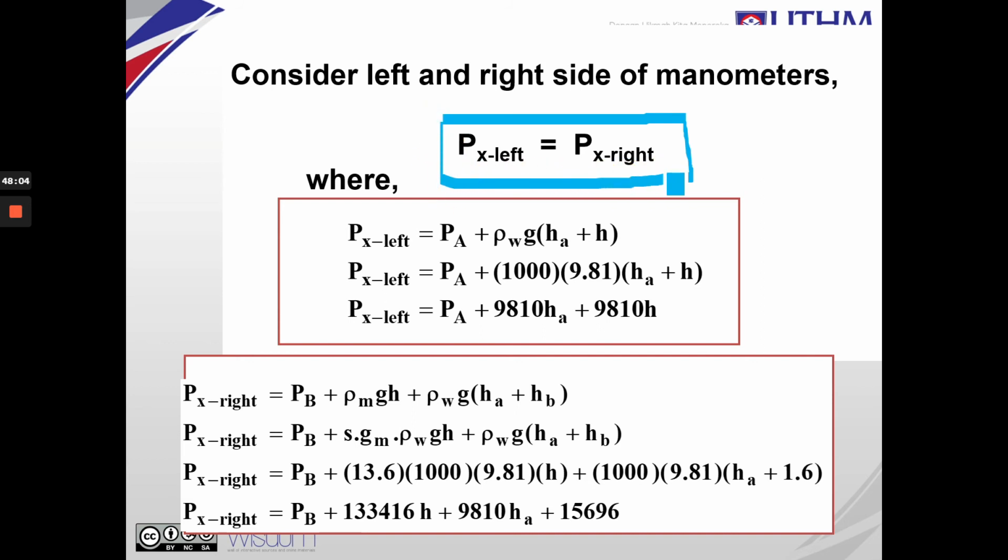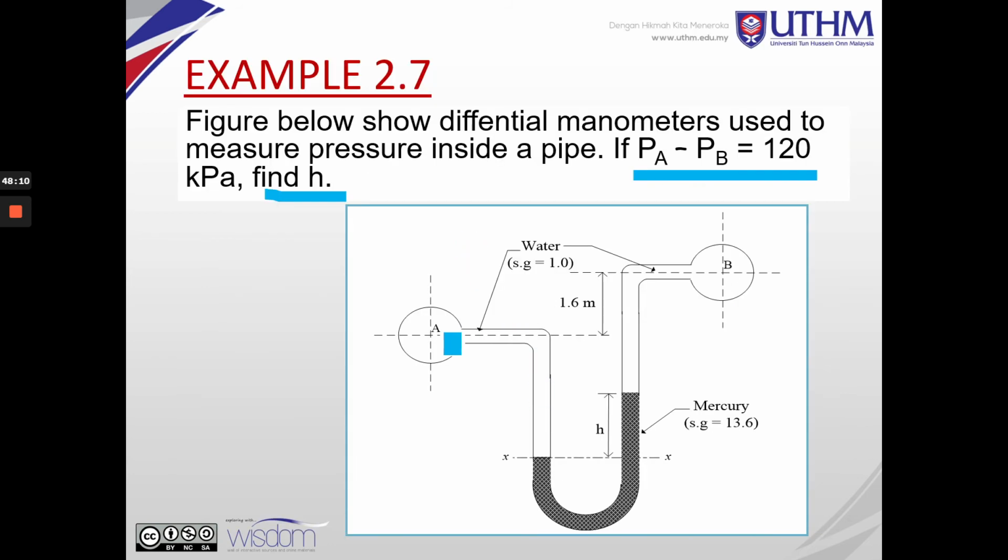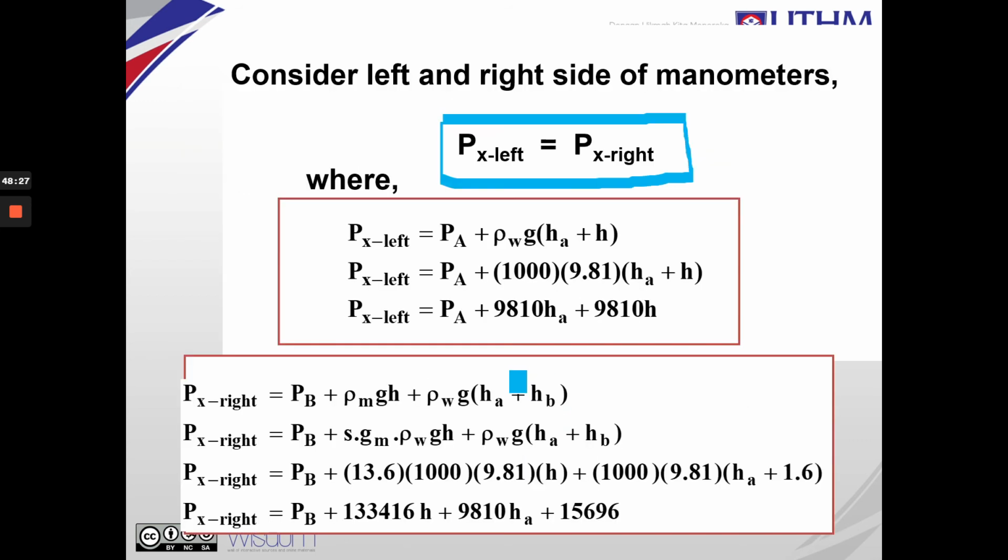PX left is equal to PA, the pressure at A, plus the pressure of the fluid here, rho A times g times H. That's why you get HA plus H.